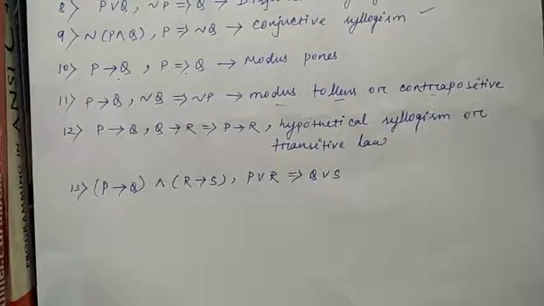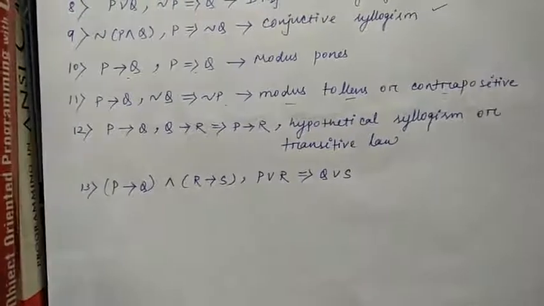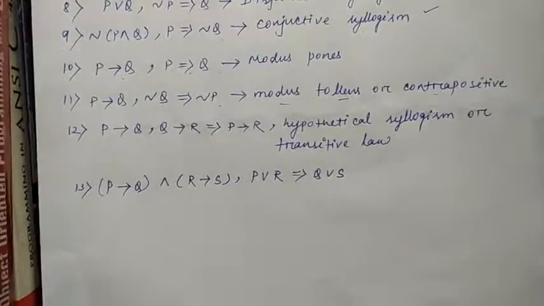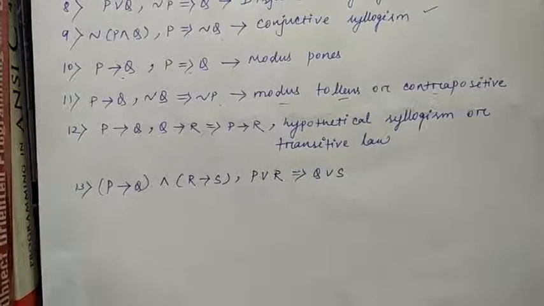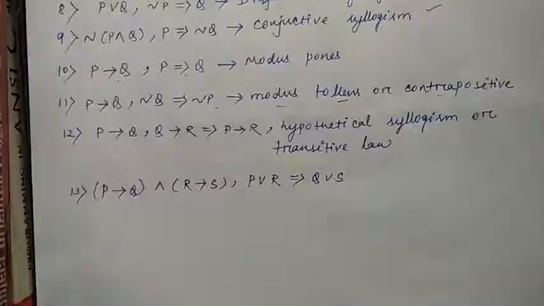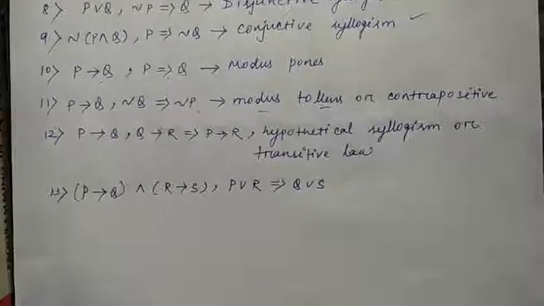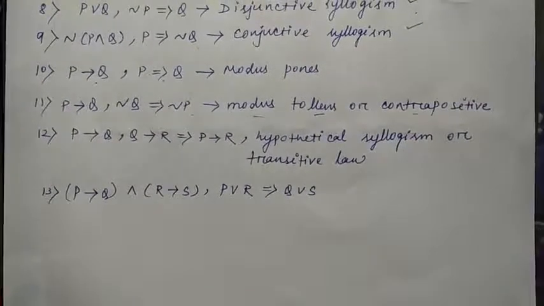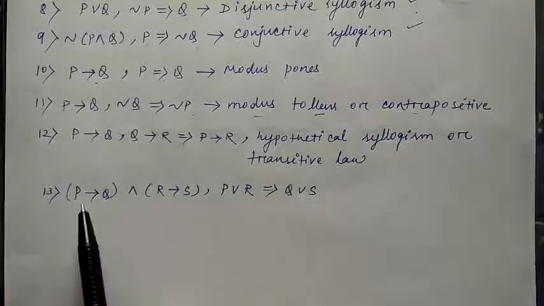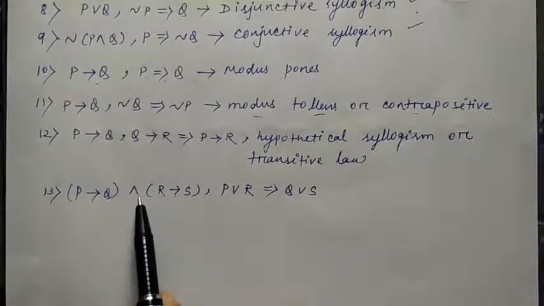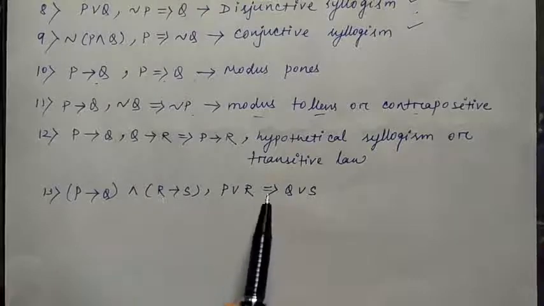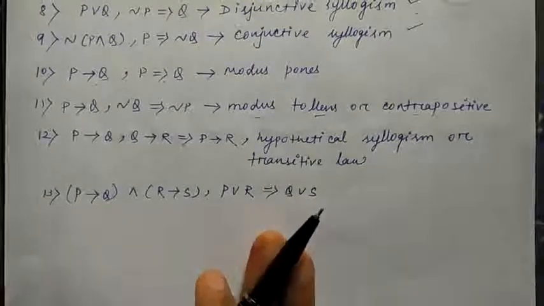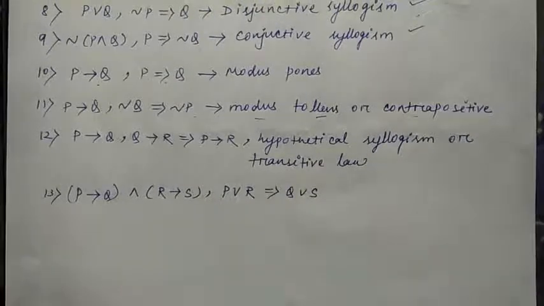Then next is P tends to Q and R tends to S. So what is that? If you see this one, this is P tends to Q and R tends to S. So if you are doing an AND operation between two implications, you can take the separate propositions like P or R implies Q or S. So depending on this, we'll see some problems.